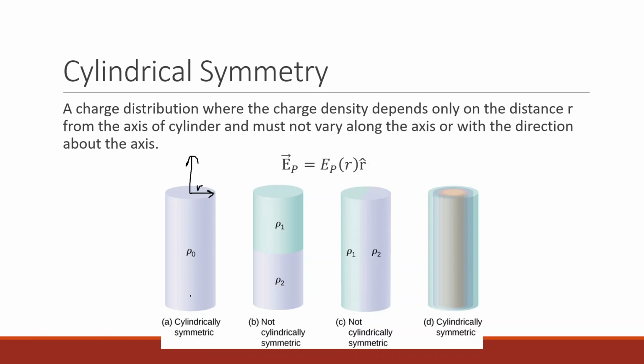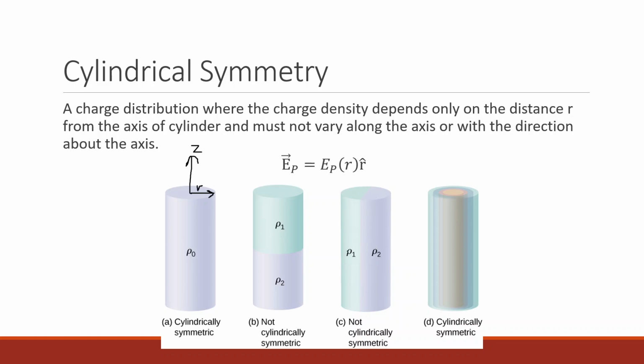Okay, they're varying along, say, the z-axis here. Let's pretend that's the z-axis. So it's varying along that z-axis. Okay, so let's see. This one as well is varying along a different axis. So let's see, the direction about the axis.